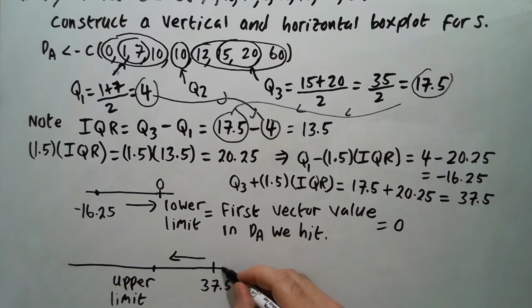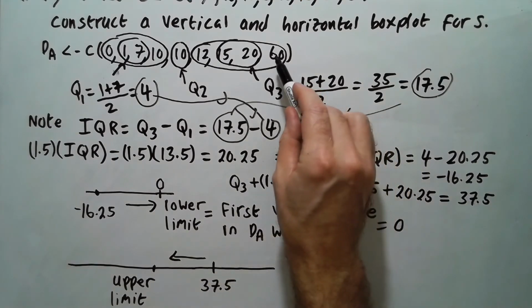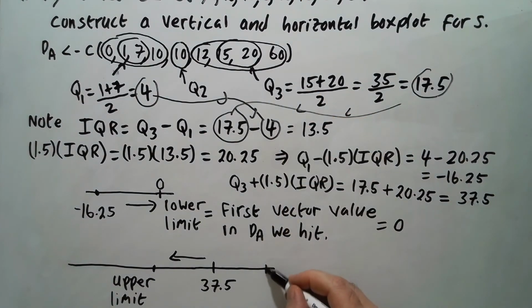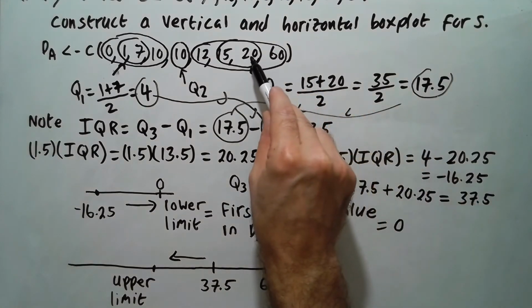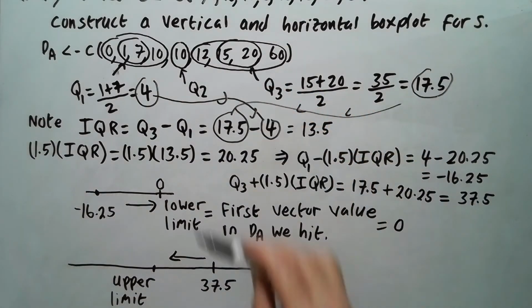Notice here, 60 would be on this side of 37.5, so it would not be 60. Looks like 20 is going to be the first vector value we hit coming down from 37.5. So the upper limit will be 20. Okay, so that's our upper limit.